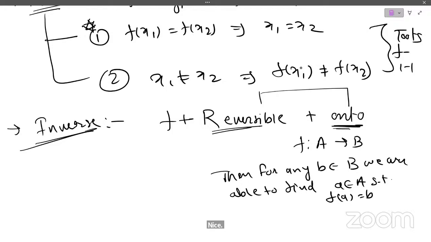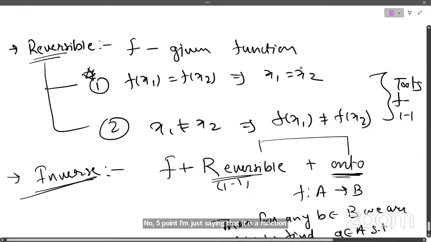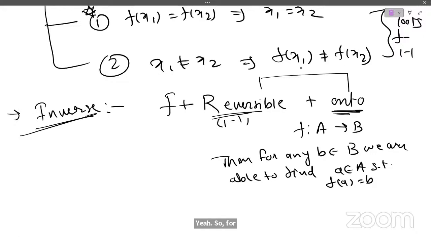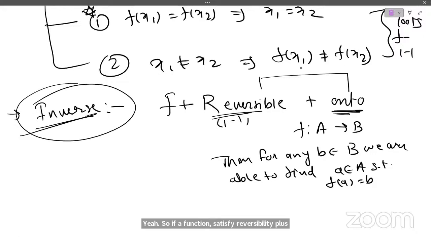The third point I'm just saying is that it is a function, but if you are given that it is a function, then we don't need to check it. So if a function satisfies reversibility plus ontoness, then it will be an invertible function. That's what I'm saying. Clear?